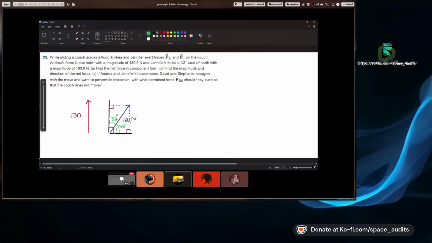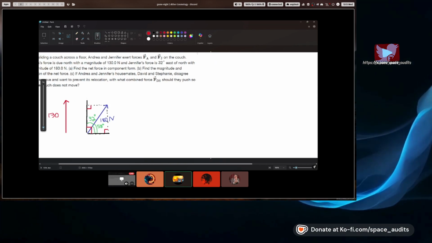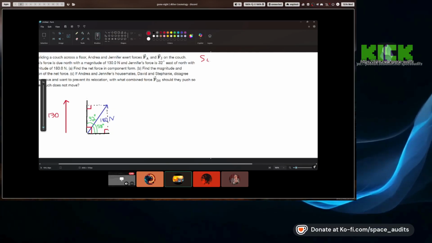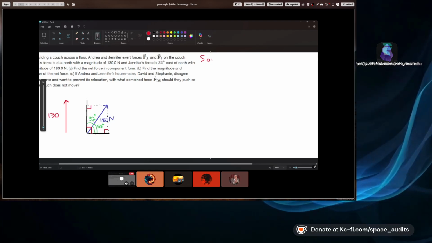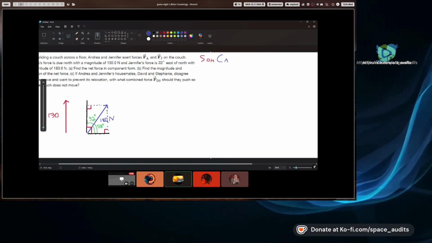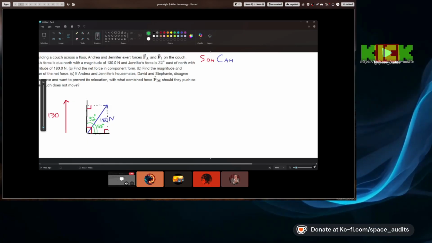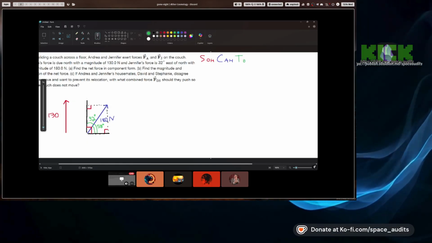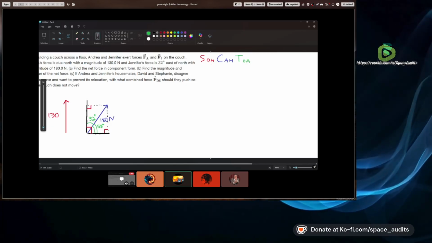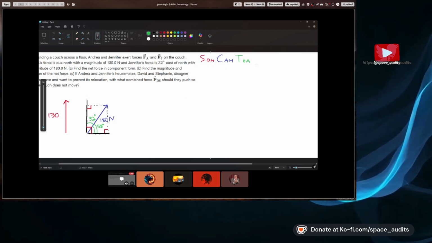Now, out of SOHCAHTOA, which of the three uses adjacent and hypotenuse? Cosine.